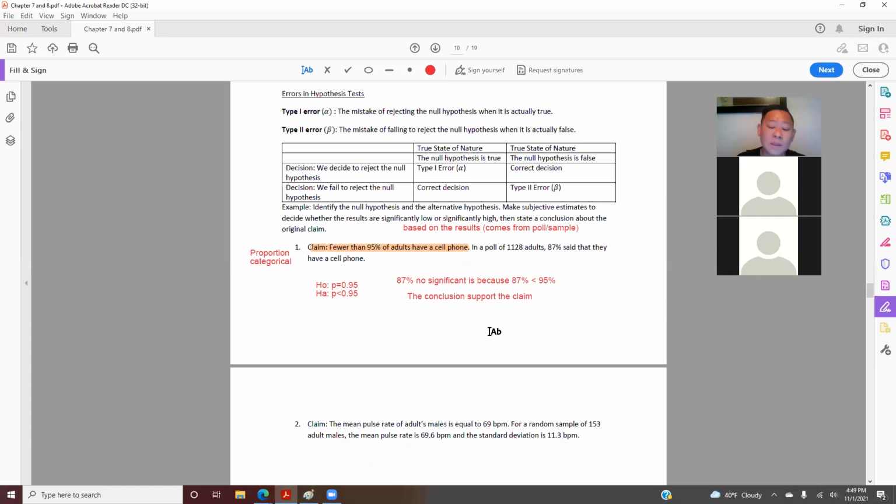So how do we know whether we support or reject? 87 is fewer than 95%, so you support the claim in this case. This is how we write our conclusion, very simple, based on the results that you get. Does anyone have any questions here?